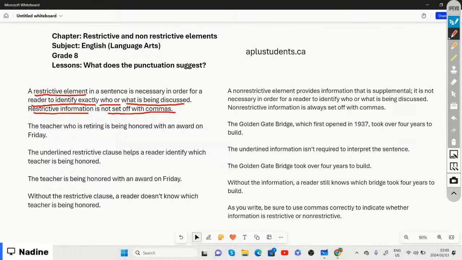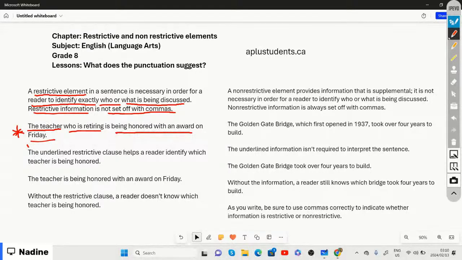For example: the teacher who is retiring is being honored with an award on Friday. So, who or what is being discussed? It is the teacher who is retiring, and she is being honored with an award on Friday.